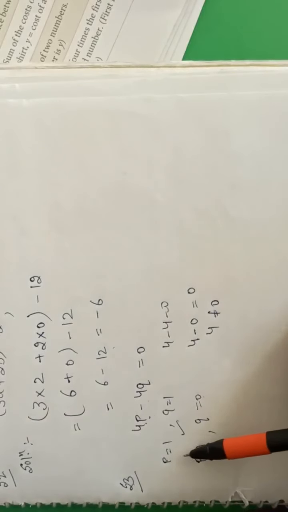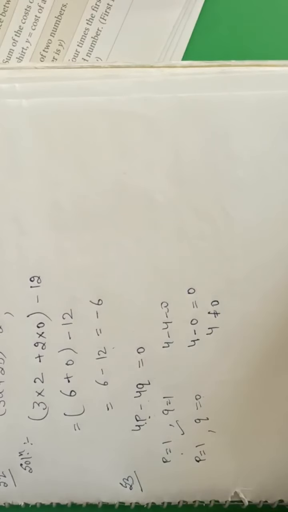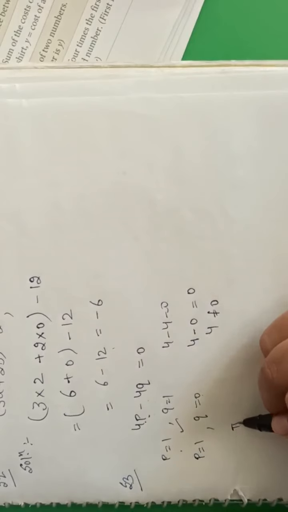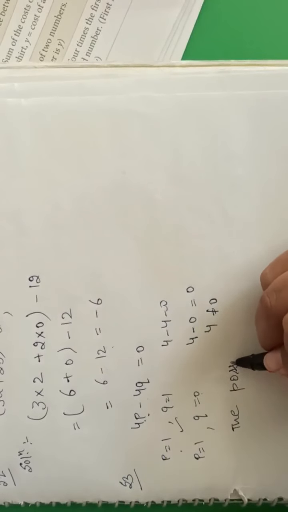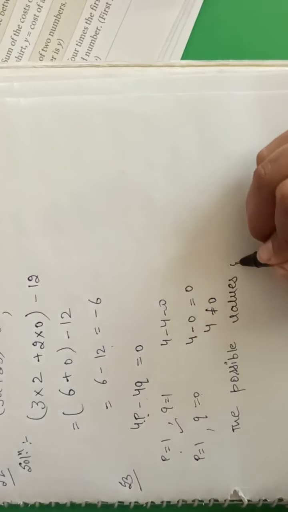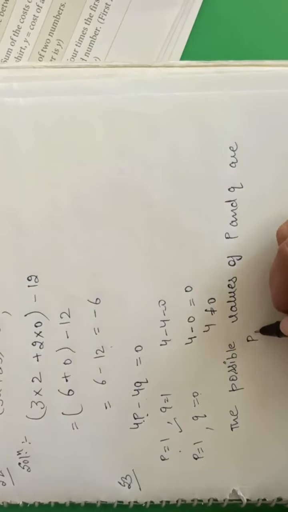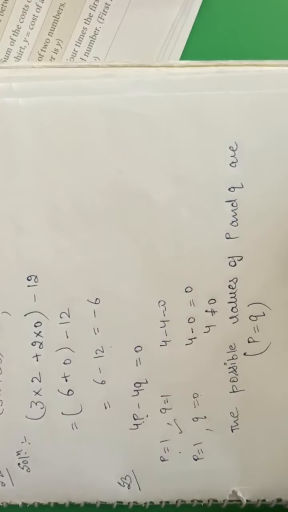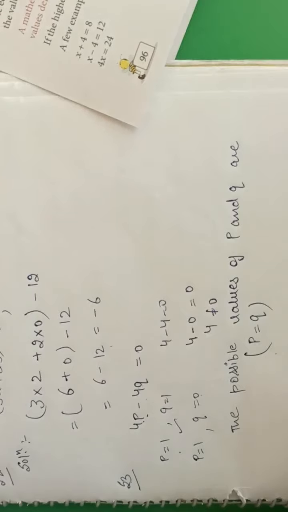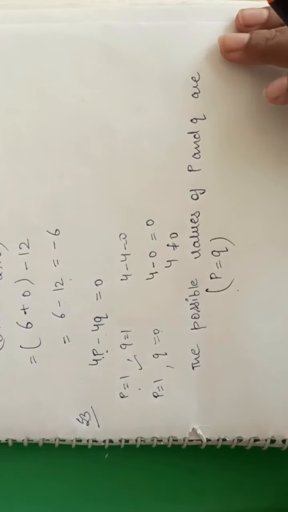It means whichever value we put for p, the same value we have to put for q. So the possible values of p and q are p equals q. Means whatever value you put for p, that same value you have to put for q. Clear this S3 question?